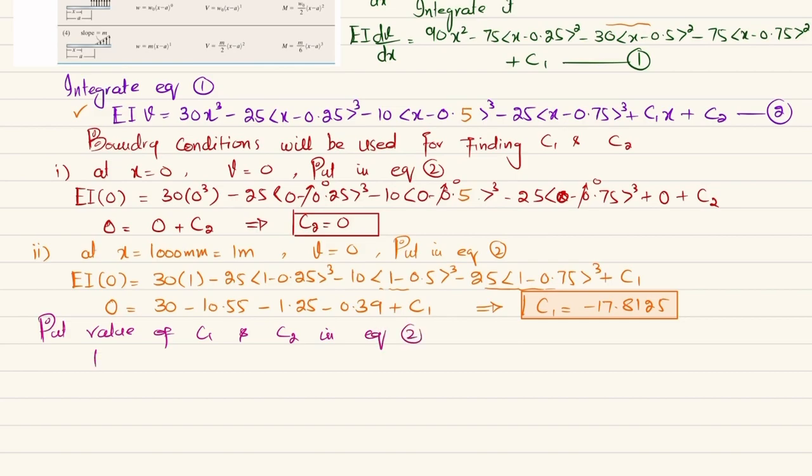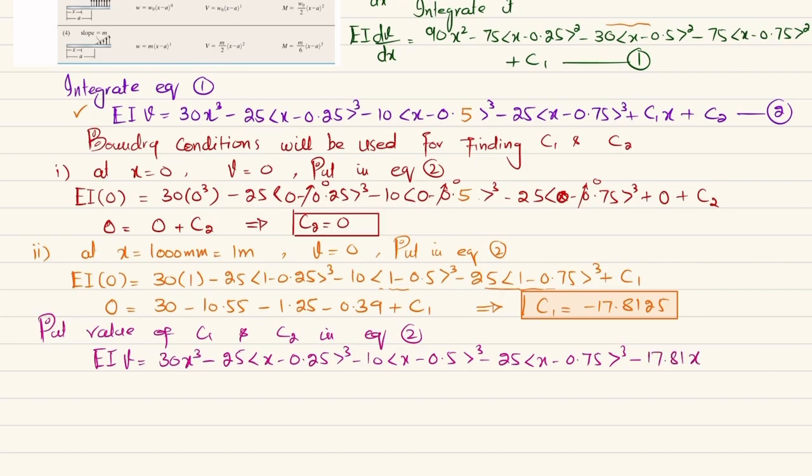So you will get EI into V is equal to 30x cube minus 25 into x minus 0.25 whole cube minus 10 into x minus 0.5 whole cube minus 25 into x minus 0.75 whole cube plus C1, which is minus 17.81 into x, plus C2, which is 0.